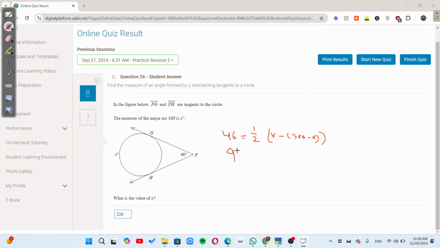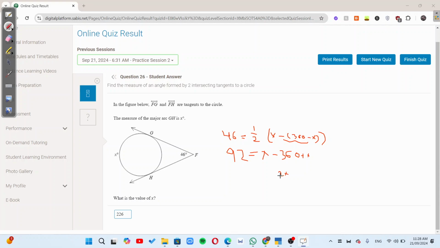So first you're gonna multiply it by the half, so it's 92 equals x, distribute the minus, 360 plus x, because you're distributing the negative sign. See, you put it in here, then in here. So x plus x gives you 2x.